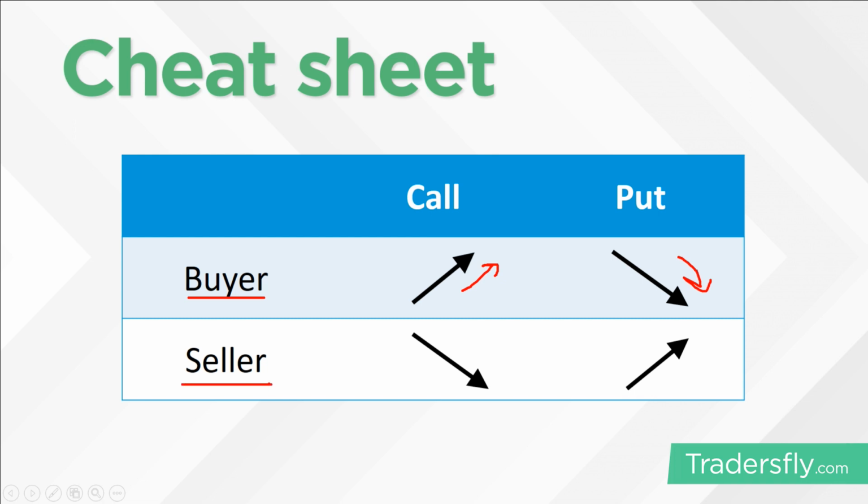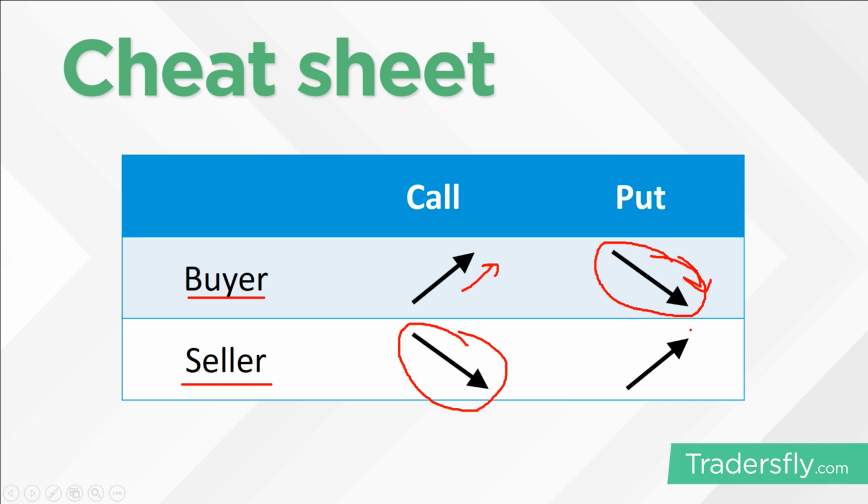Now, if you're a seller, it actually works in reverse. This is beyond the scope of this video, but you can see that being a seller of a call is similar to being a buyer of a put: you want the stock price to go down. There are some additional risks that go with being a seller, for example, being naked, if you just sell it without stock ownership and without buying protection.